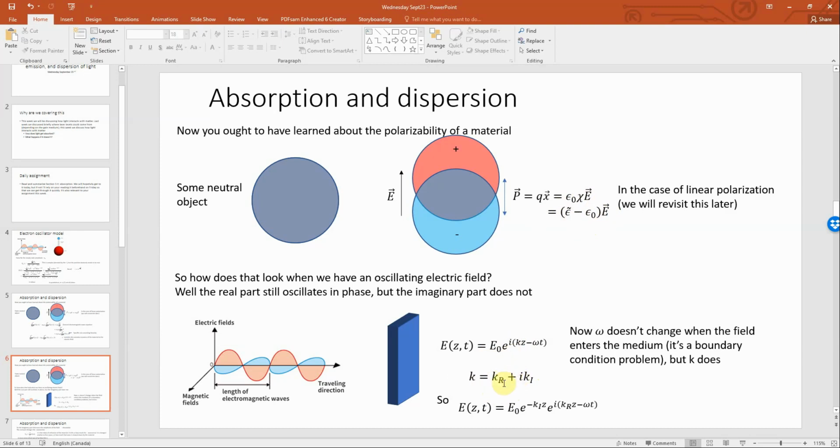And we stick that into this k value here. But since we have e to the i k z, what we get is e to the minus k imaginary z, which is a decaying exponential, and then we have e to the i k real z minus omega t. So this part still oscillates like a cosine function, but it decays in magnitude. Okay?